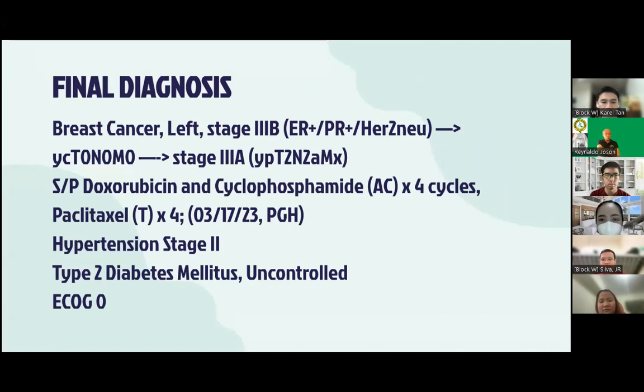She's also status post doxorubicin and cyclophosphamide (AC) 4 cycles, paclitaxel 4 cycles, and she has hypertension stage 2, type 2 diabetes mellitus uncontrolled since the patient showed HbA1c result of 9.4 and ECOG scoring of 0, which means that the patient is fully active and able to carry on all pre-disease performance without restrictions. Next slide, please.